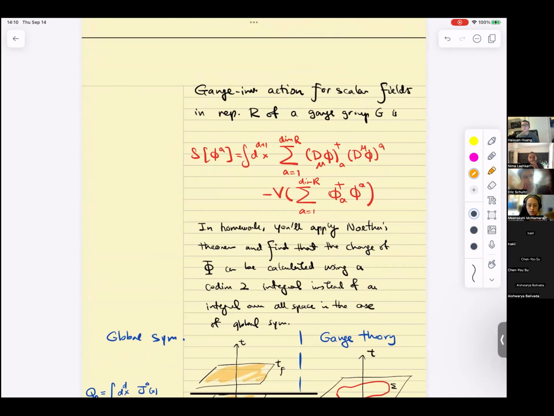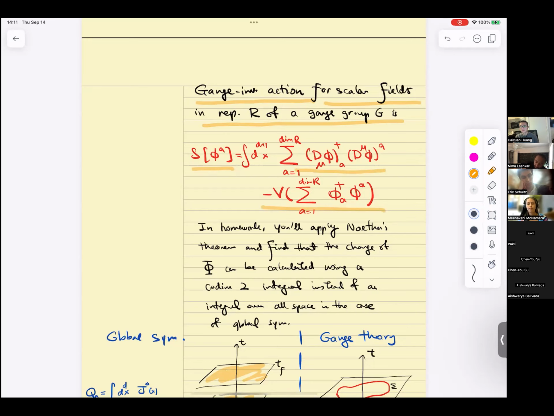All right, so putting all of this together, what did we do? We generalized. We can now write down a gauge invariant action for a free scalar field in representation R of a gauge group G. So we write down an action for a free scalar field that has a, oh sorry, a non-abelian general group G local symmetry, and the action should look like this.